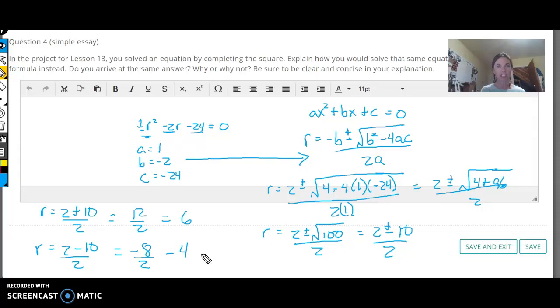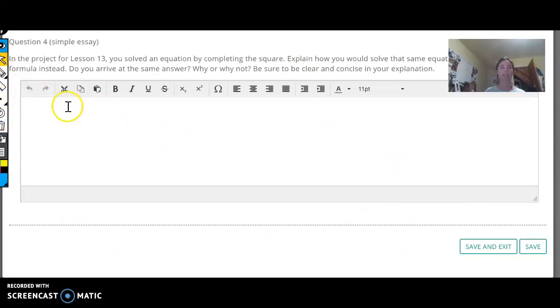And our question here is explain how you would solve the same equation using the quadratic formula instead. Do you arrive at the same answer? Okay, so we definitely do arrive at the same answer, and thank goodness we should.